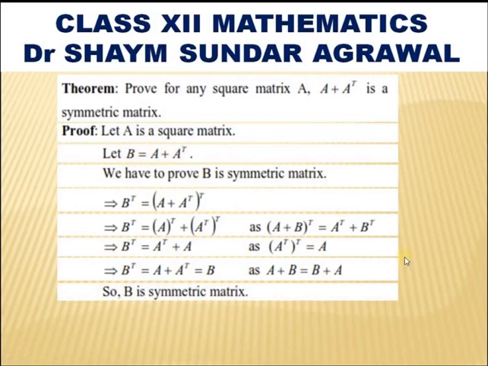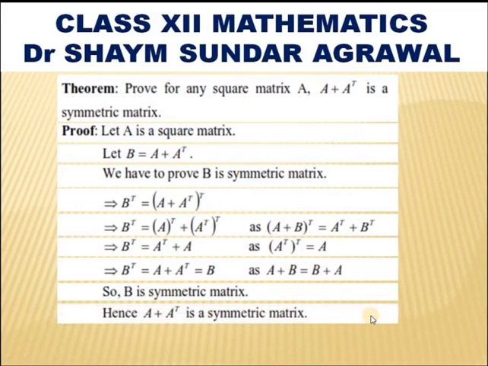So, we can write A plus A transpose is a symmetric matrix.